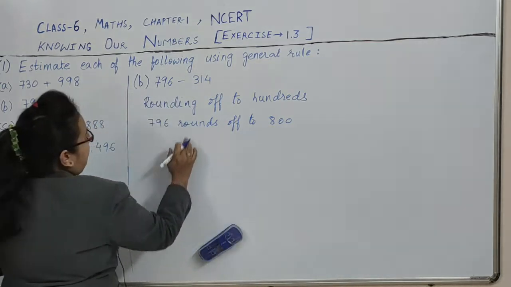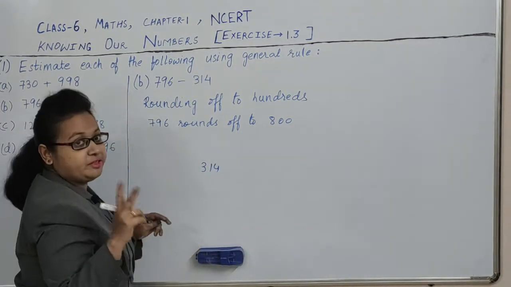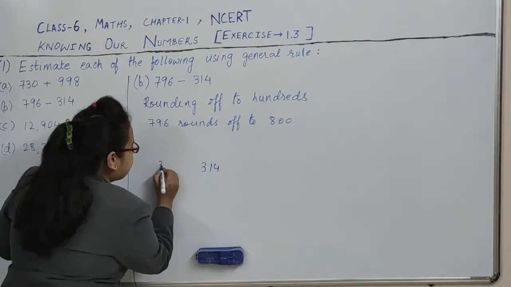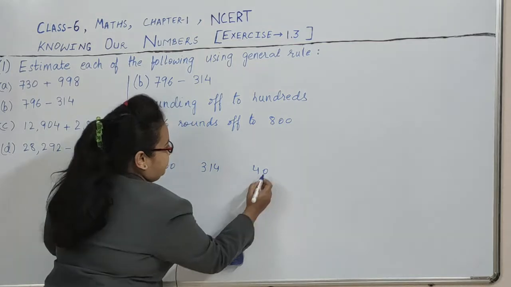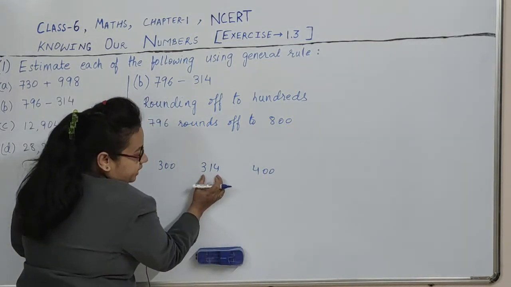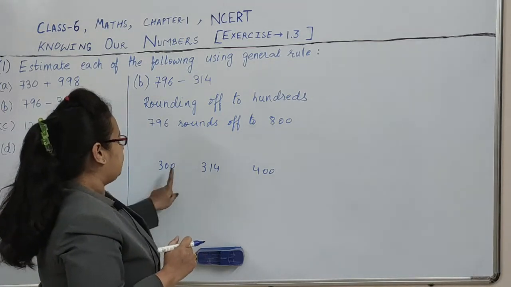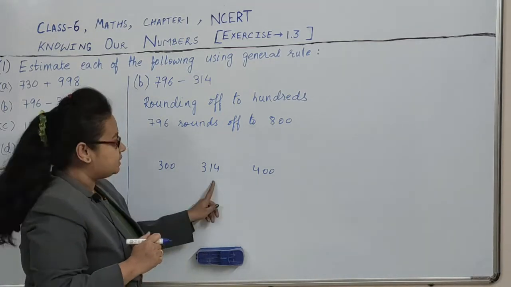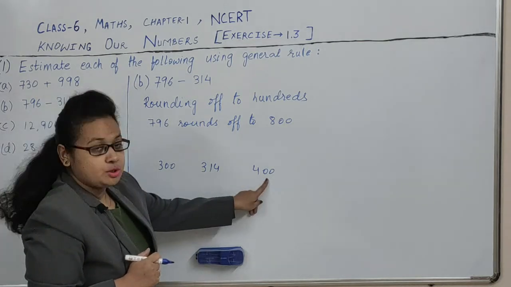Now 314 lies between which two hundreds? It lies between 300 and 400. So we have to estimate either to this or to this. Then we have to see which number it is closer to. Is it closer to 300 or to 400?